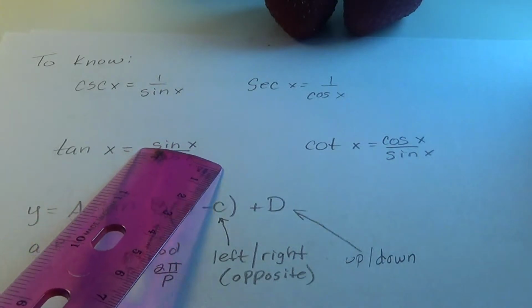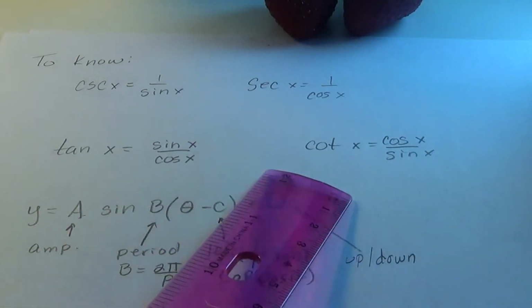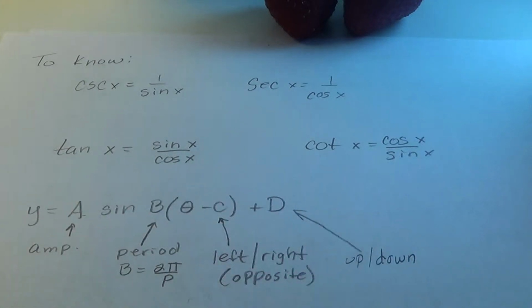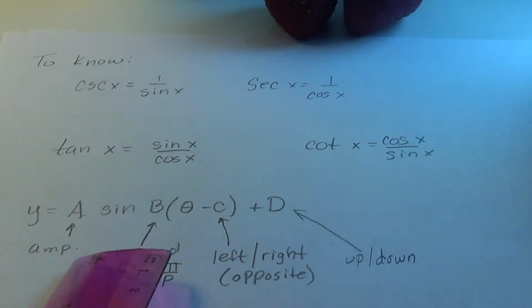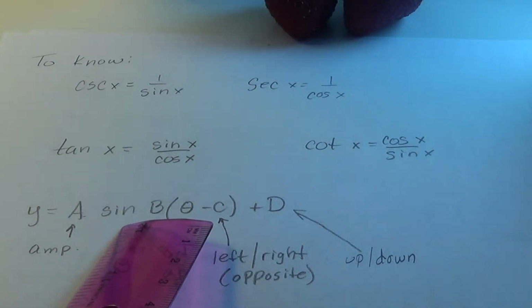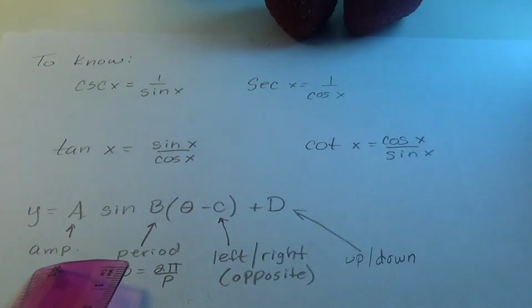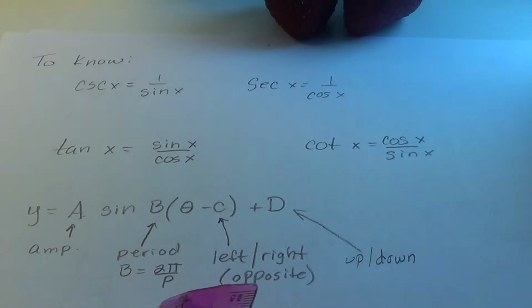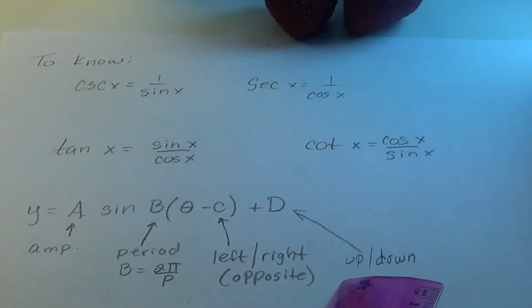Tangent is sine over cosine, and cotangent is cosine over sine. And then there's this mess where you have a function with a trig. I said sine, but it can be any basic trig function. So we have amplitude in the first position, period by this key, left, right, opposite sign, and up, down.